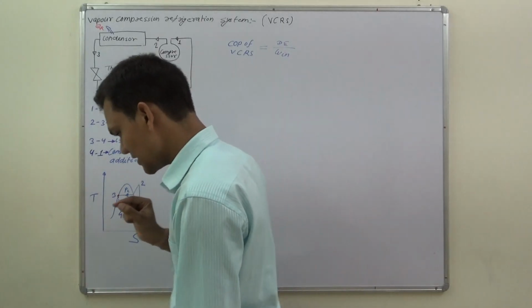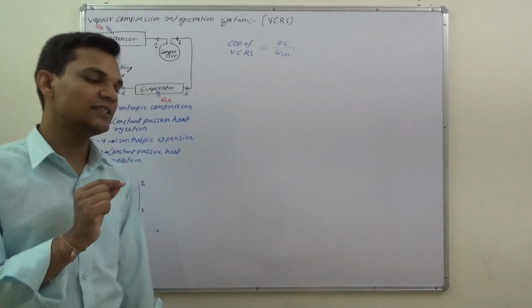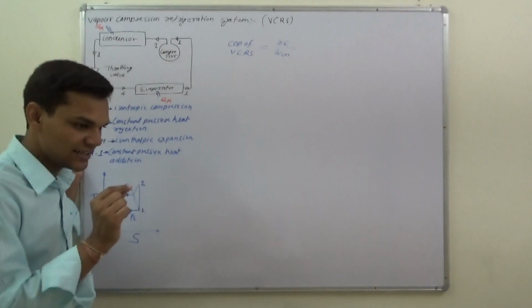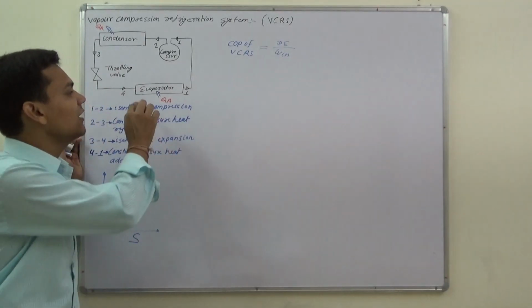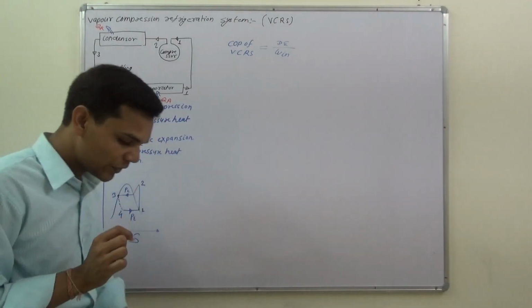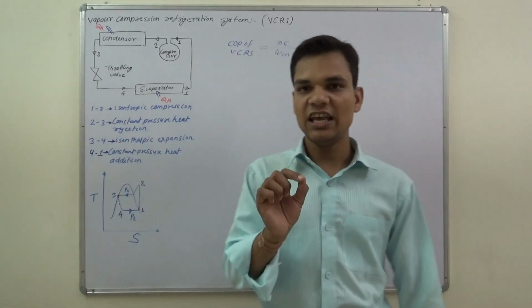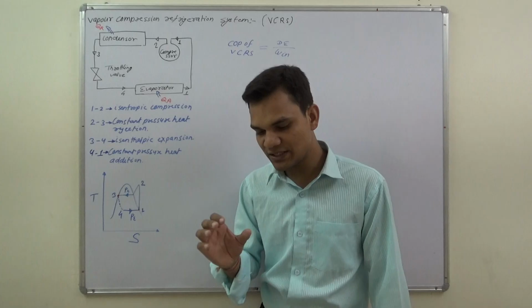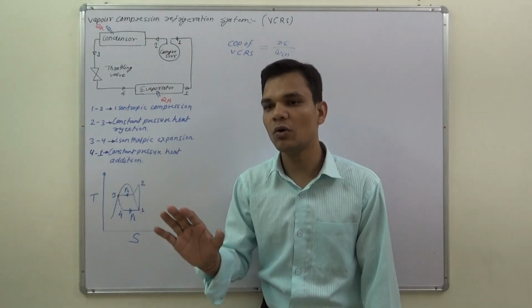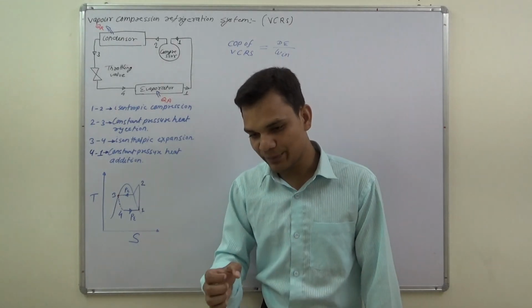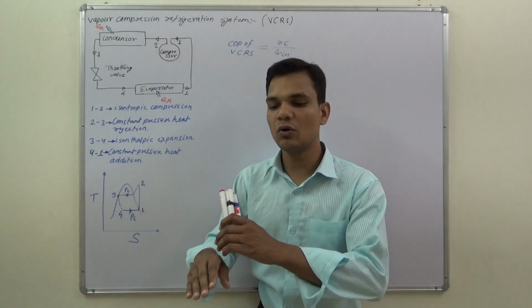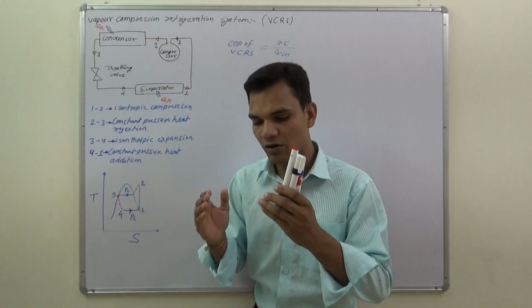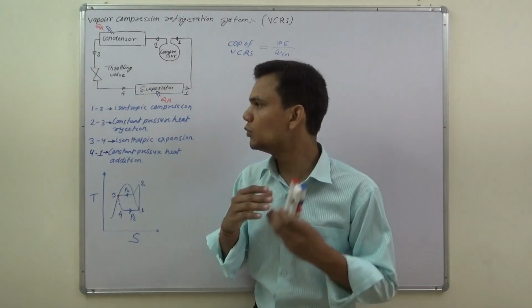In the throttling process, the temperature of the working substance remains constant but pressure decreases, and the last component is the evaporator. In the evaporator, we absorb heat from a substance which we want to cool, or from our system or the storage space which we want to cool.